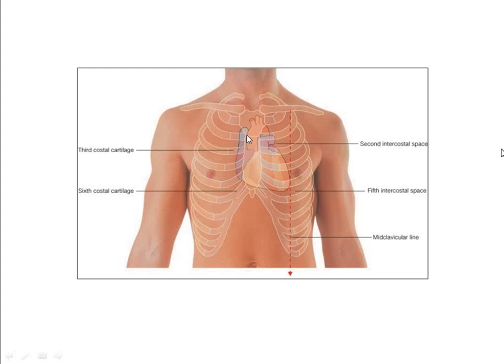From here, at the level of second costal cartilage, the arch of aorta begins, goes upwards, backwards, and to the left, and then descends, ends at the level of second costal cartilage only. So, right second costal cartilage to left second costal cartilage. Behind the lower half of the sternum is the arch of aorta, and that is in the midpoint of the sternum.